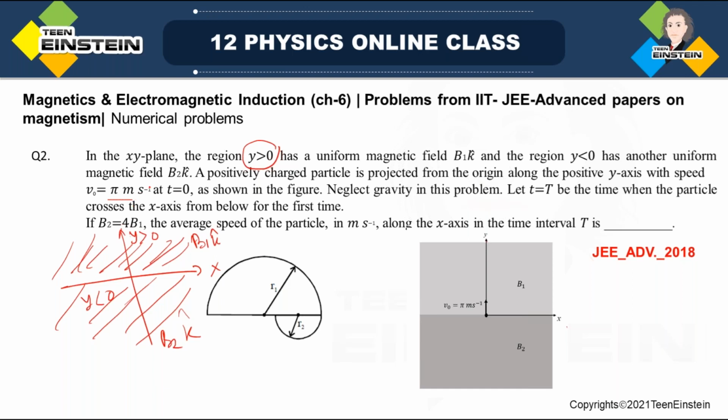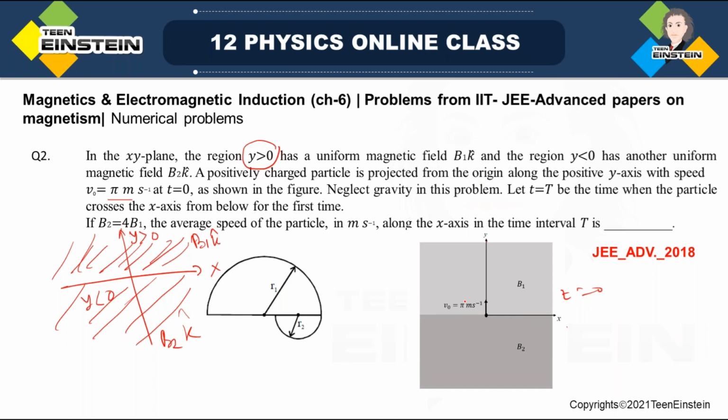Okay, I hope this is correct. Pi meter per second at t equal to 0 as shown in the figure. So you can see that initially at t equal to 0, the particle is thrown along the y-axis with the velocity v0 equal to pi meter per second.